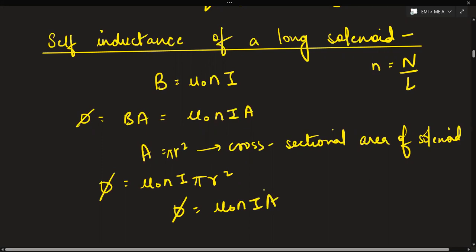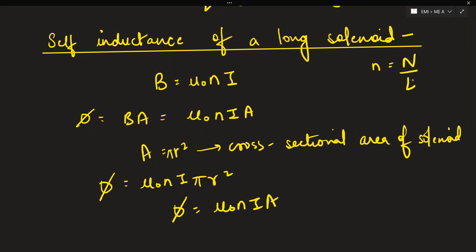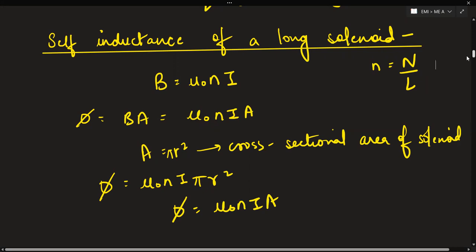This is the flux for each turn. Even if we just keep it like this, this is the flux linked with a single turn. We have to find out the flux linked with the entire solenoid. This was for a single one.